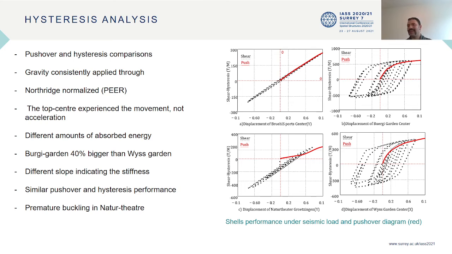Generally, I can say even these shells may have different performance on two sides of the same direction, like the Nature Theater shell, which shows two different performances in two parallel directions. The other details were discussed in the paper, which can be referred to.